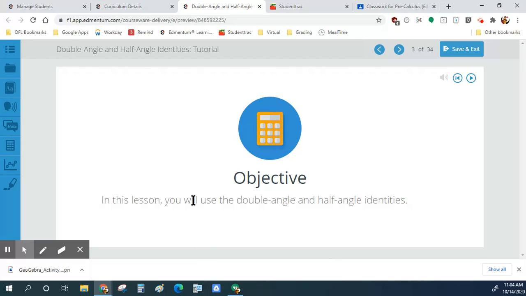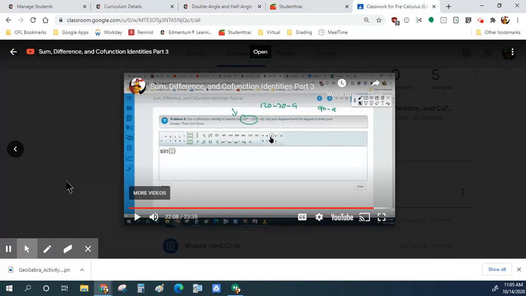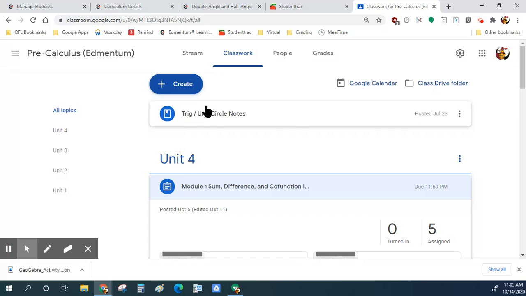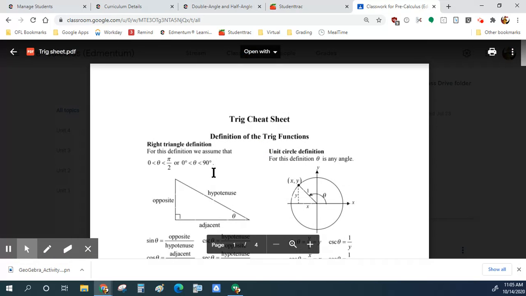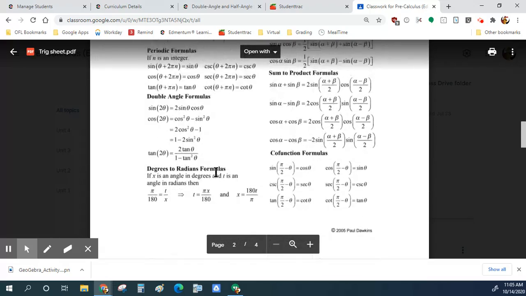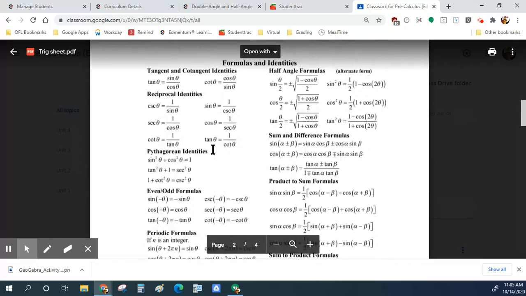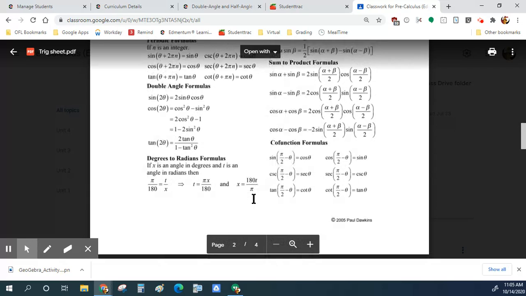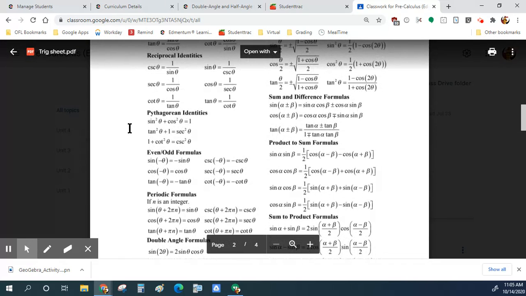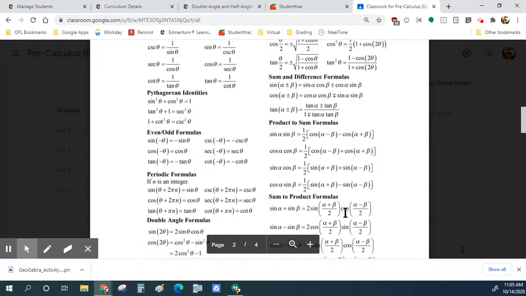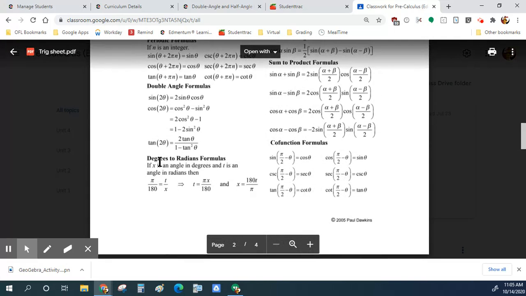All right, so let's talk about double angle formulas. So again, you're gonna need the notes. You don't need the notes, but I do recommend having them because they have the double angle formulas here somewhere. Where are they? Double angle and half angle formulas. Cofunction.